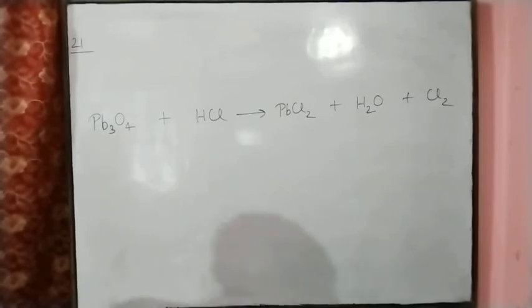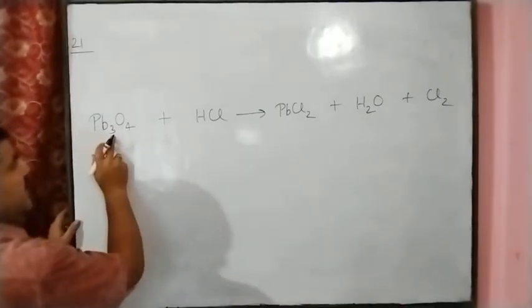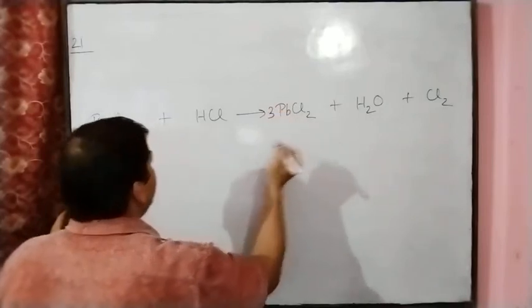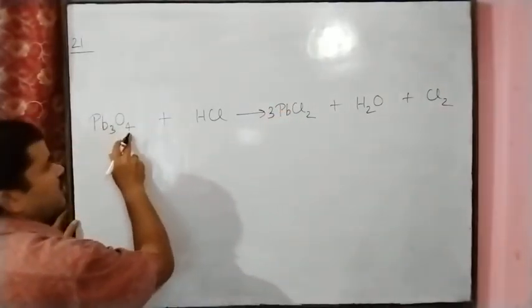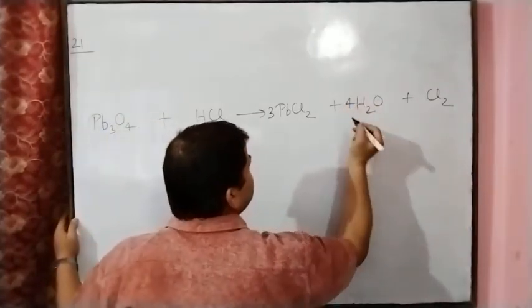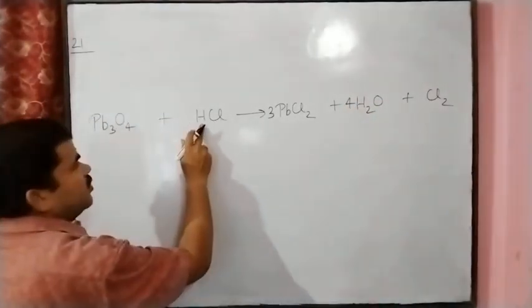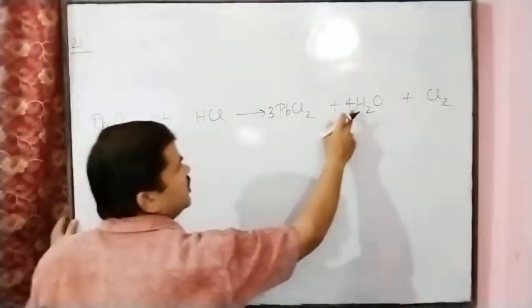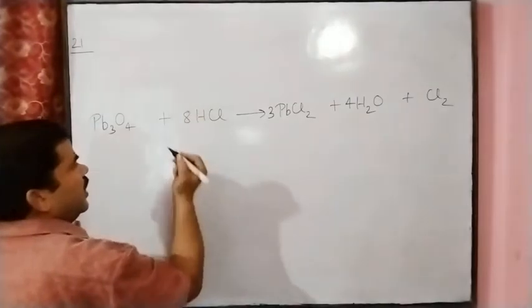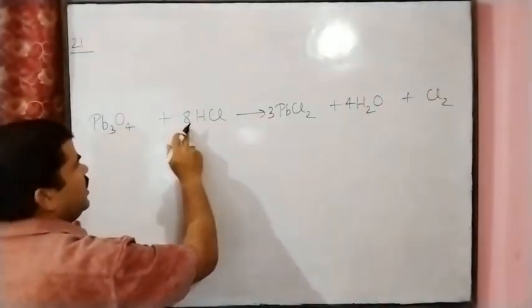In this equation we can see here lead 3 and here lead only 1. So we will write here 3, lead balanced, oxygen 4 and here oxygen only 1. So we will write here 4, oxygen balanced. Then hydrogen 1 and here hydrogen 8, so 4 to 8. So we can write here 8, hydrogen balanced, and then chlorine 8.